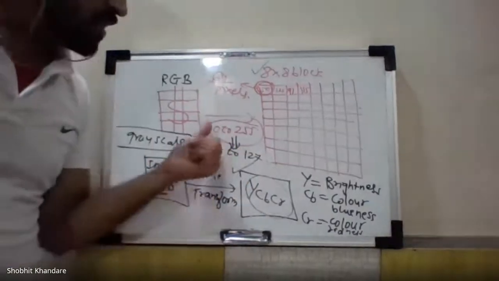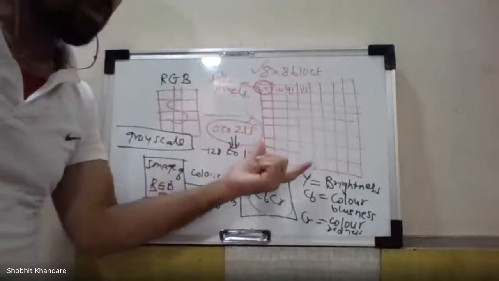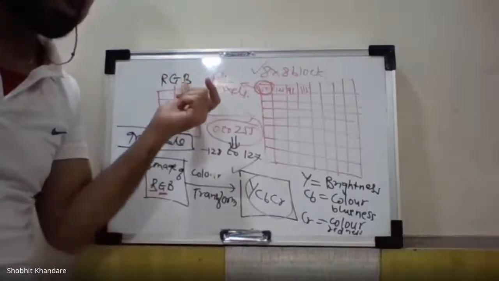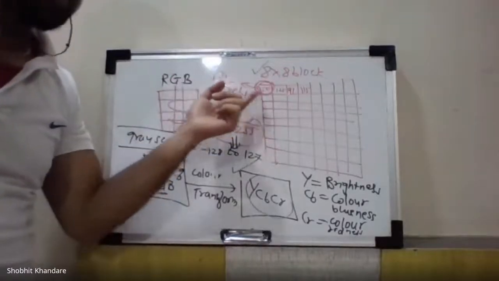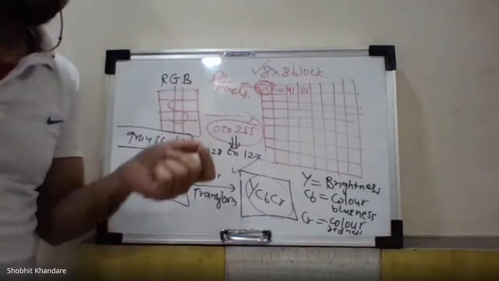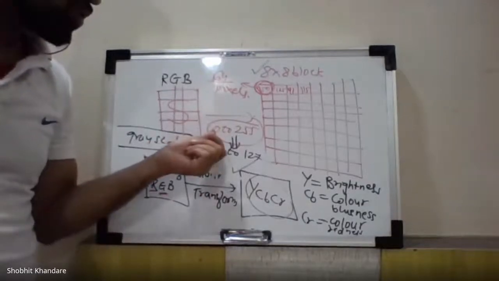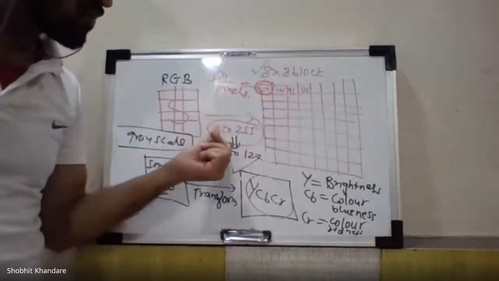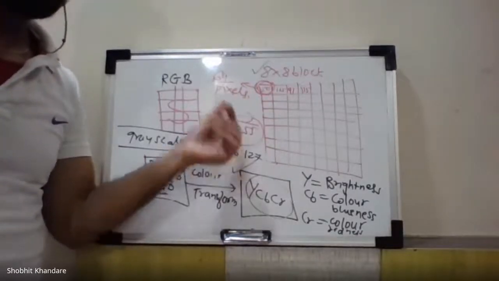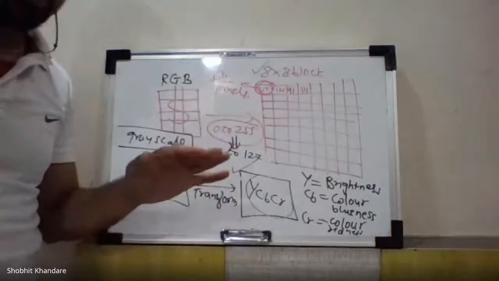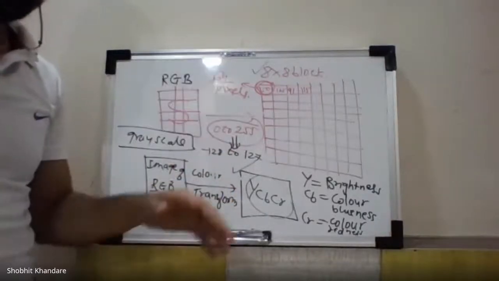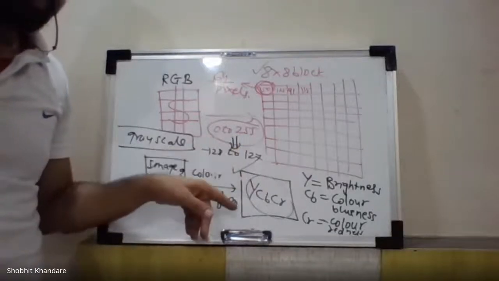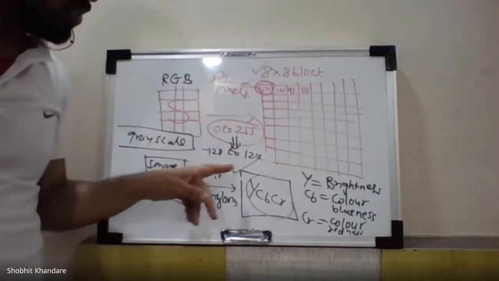Again, I am repeating. You have 8 by 8 blocks, each block has 64 pixels, and each block has pixel values in the range of 0 to 255. But I have to compress the data, so I have to convert this 0 to 255 range into the range of minus 128 to 127.